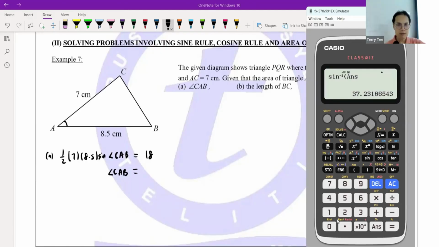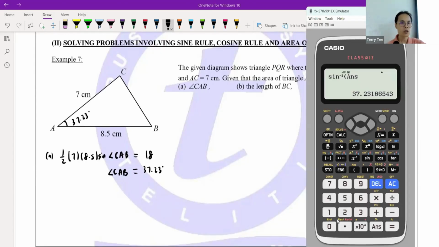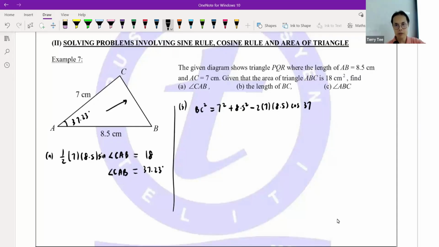Now that you know this angle, 37.23, we had to find the length of BC. BC is opposite to this angle. So which rule should I use, sine or cosine? Cosine, because it's the included angle. So BC square is 7 square plus 8.5 square minus 2 times 7 times 8.5 times cos of the angle in between.